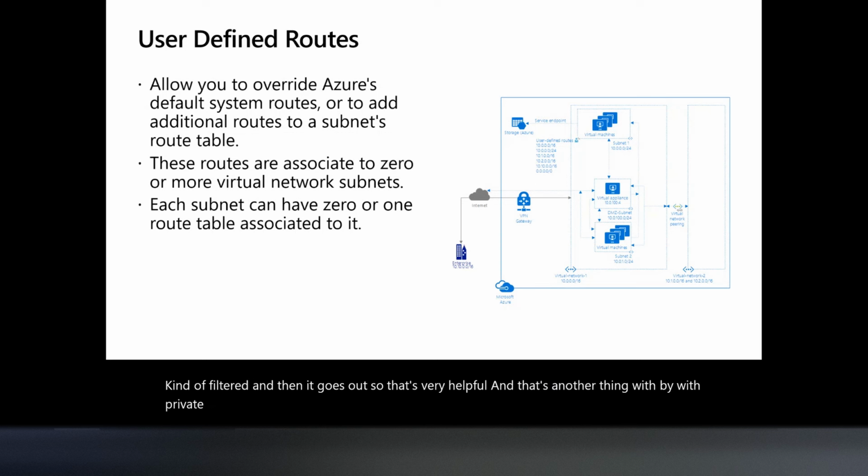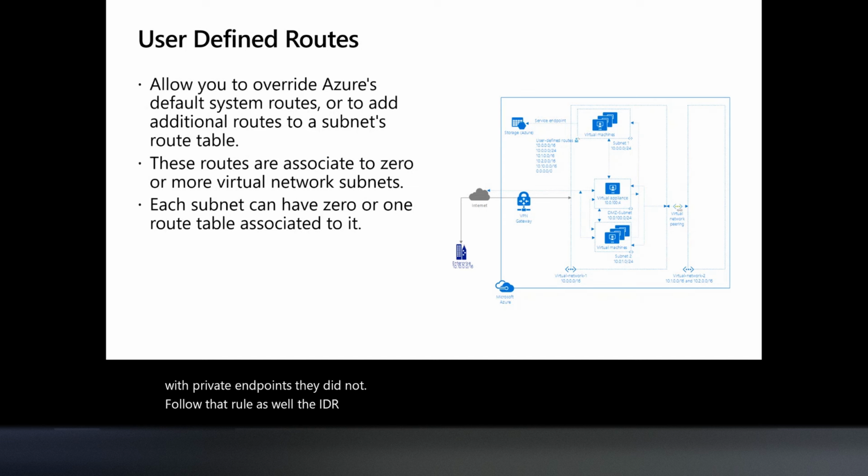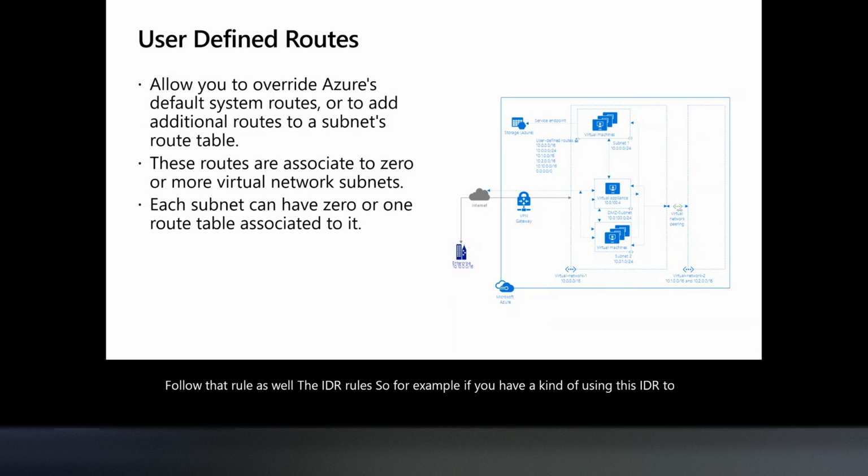That's very helpful. And that's another thing with private endpoints. They did not follow the UDR rule as well. So, for example, if you are using UDR to route traffic to a different subnet, traffic towards the private IP will still go there.